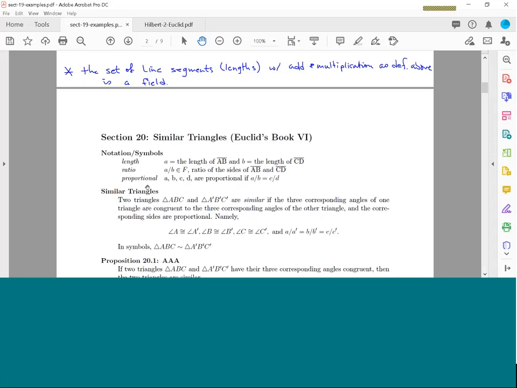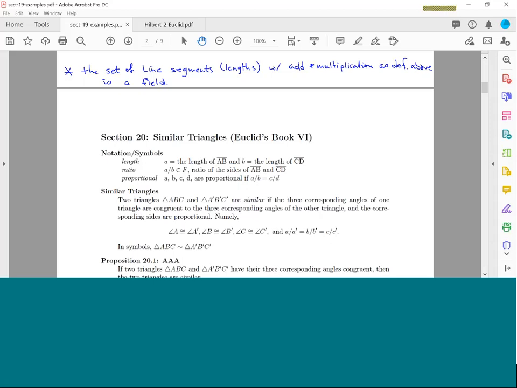So if you ever need to use one of those propositions, you'll probably see this word. Suppose you have 4 lengths of line segments, potentially all different. These are called proportional if you're able to form 2 different fractions from the 4 lengths of your line segments, and those 2 fractions, or those 2 ratios, are equal to each other.